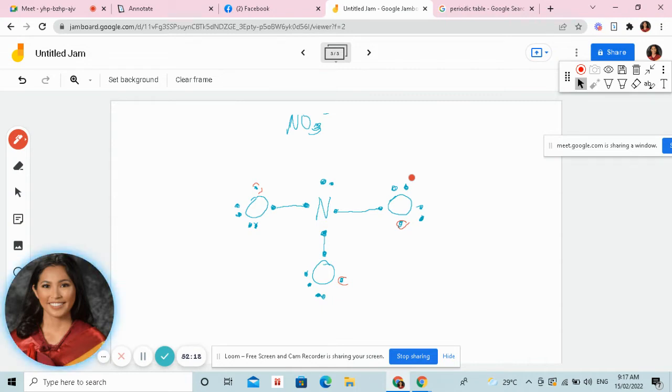Or we can form a double bond here, forming the double bond by losing these 2.